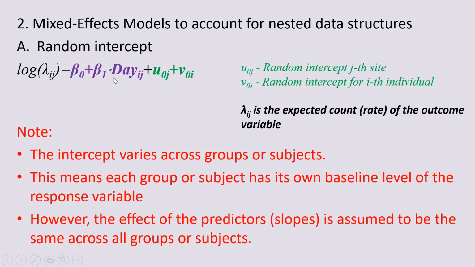Beta 1, day 1, we are saying these are fixed terms. So we have the random intercept in this model. That's why we call it a random intercept. It allows us to fix the time, and then the rest are random intercepts. This is the random intercept for the ith site. We have random intercepts within the individual and the site.